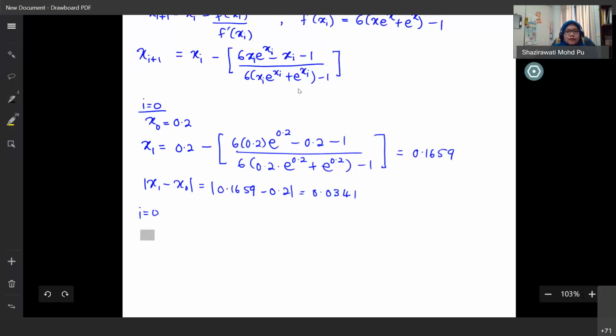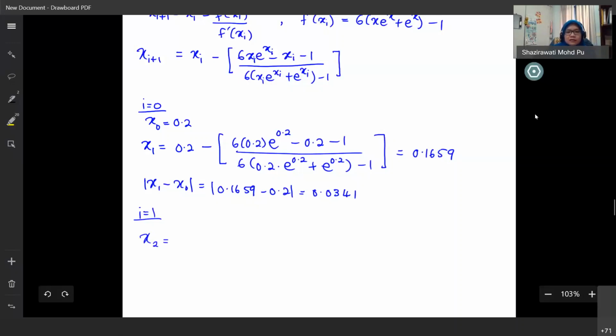So now if you look at the formula again, when i equals 1, you have x2 at the left, and at the right hand side, the calculation involves the x1 term. So what is your x1? It is the previous value from your first iteration.